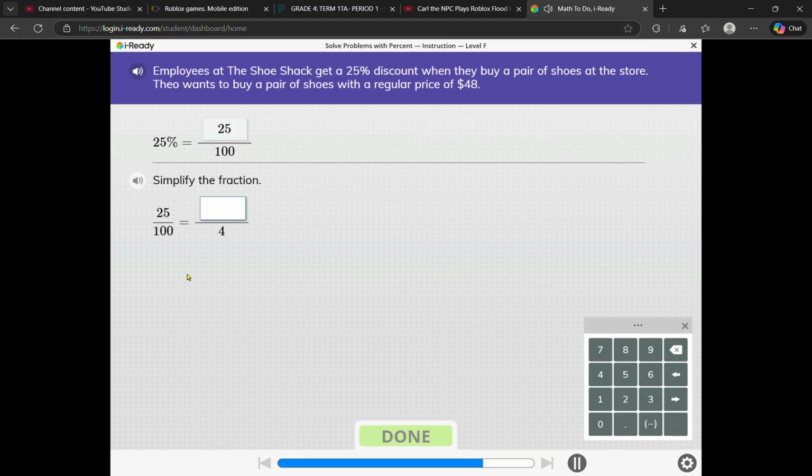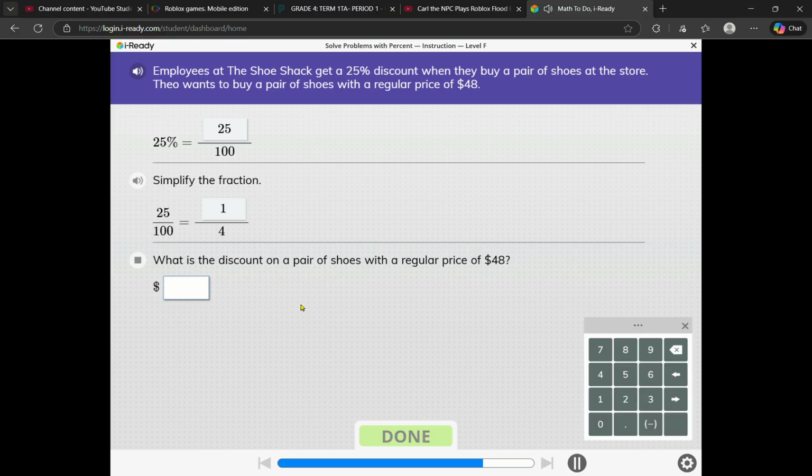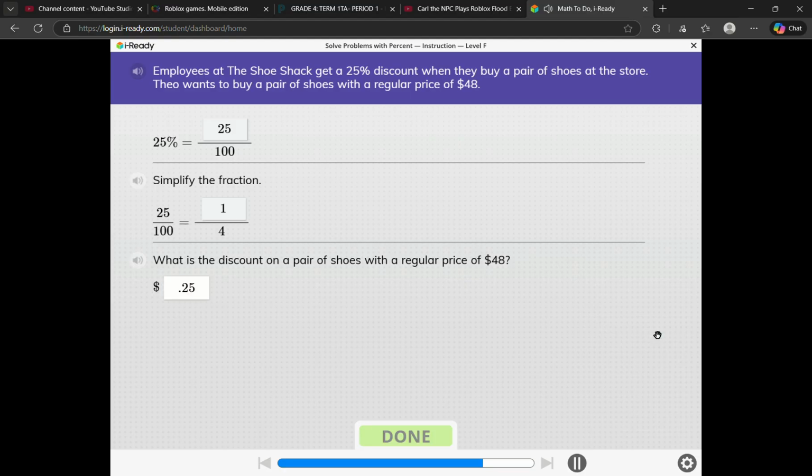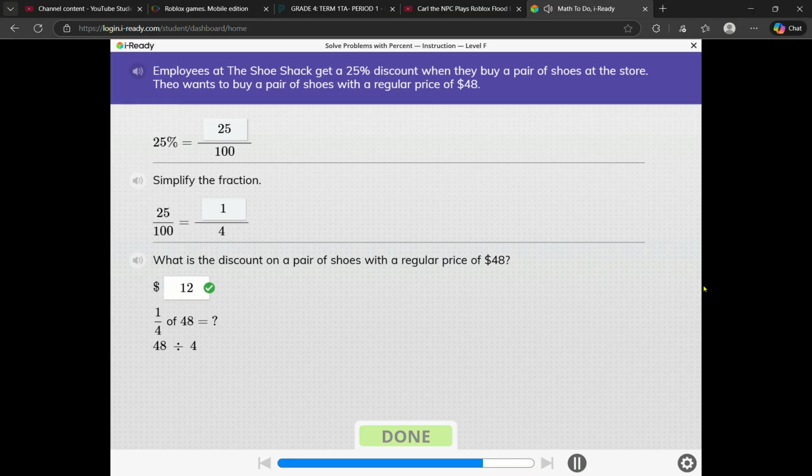Simplify the fraction. That means that the discount is 1/4 of the regular price. What is the discount on a pair of shoes with a regular price of $48? To find 1/4 of 48, divide 48 by 4. Great!